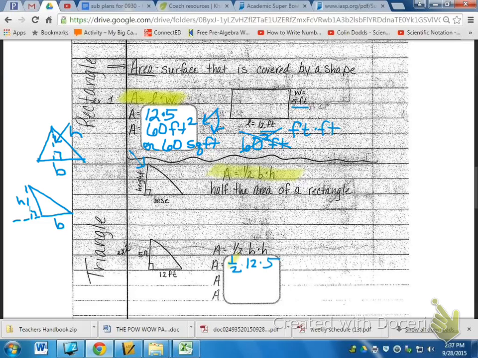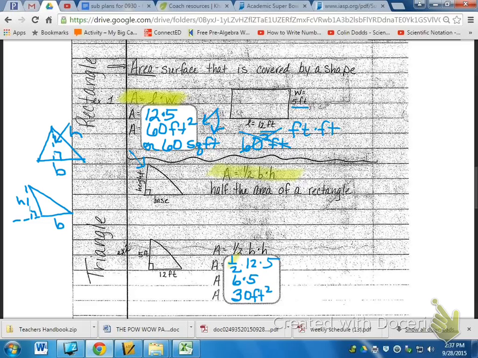And I could either do 12 times 5 and divide it by 2, or I can do half of 12, which is 6 times 5, and then I would get 30 feet squared. Questions about that?